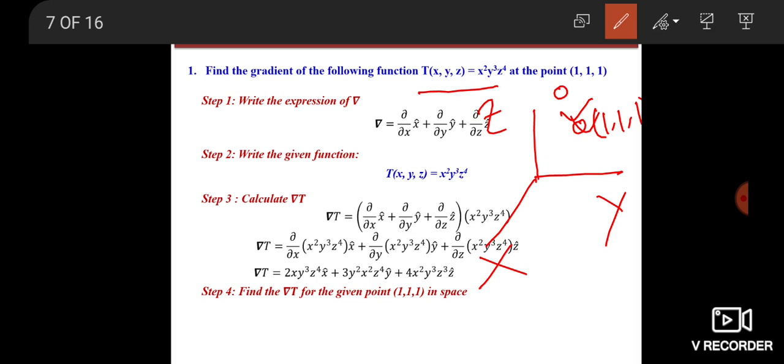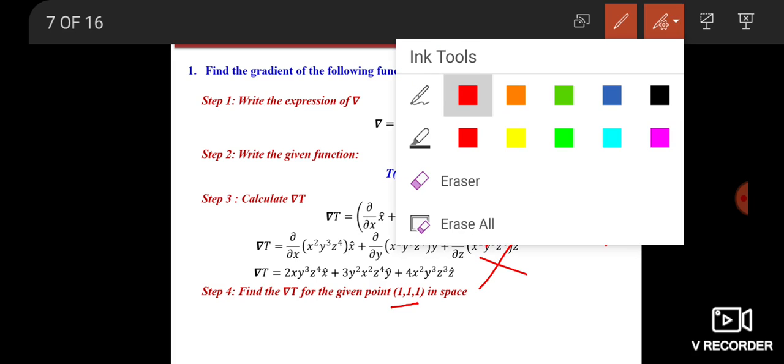That means if you are standing at that point, you want to know along which direction this temperature or this function changes in the maximum sense. So what we have to do is just substitute 1, 1 and 1 in place of x, y and z respectively.